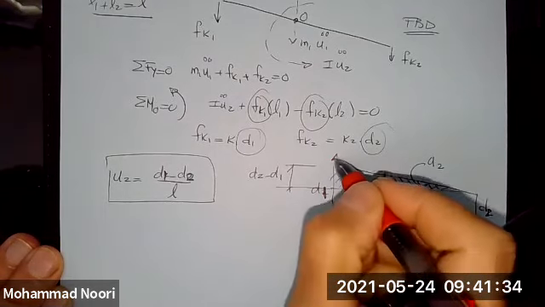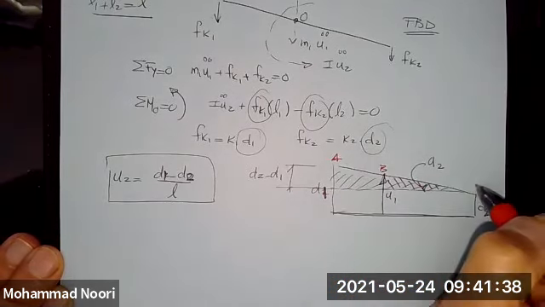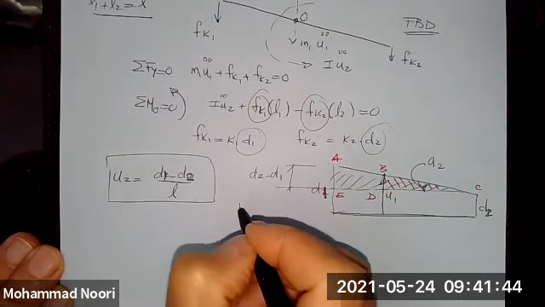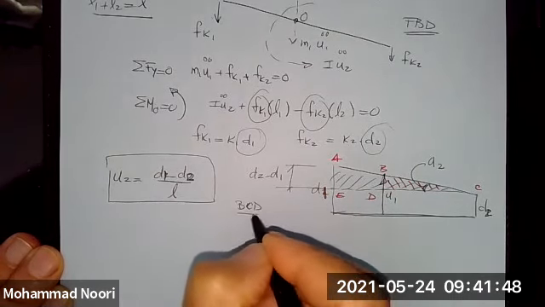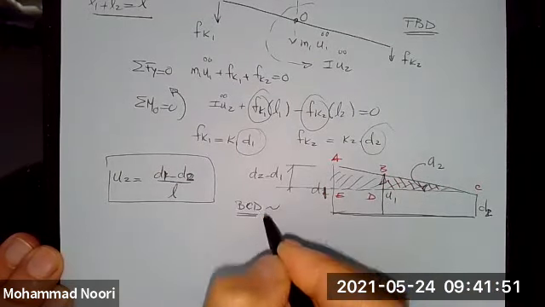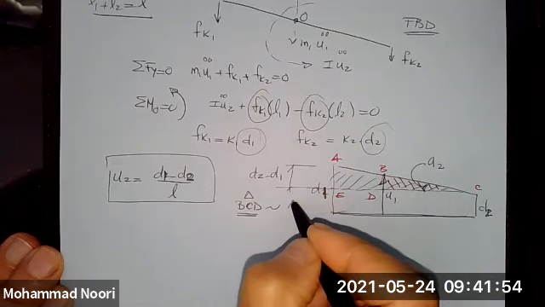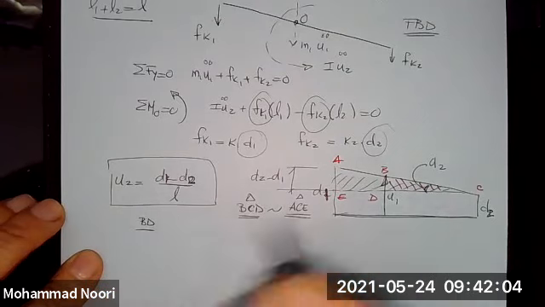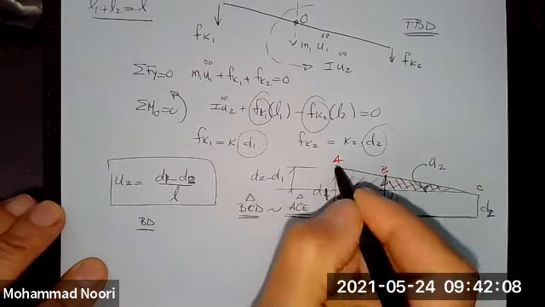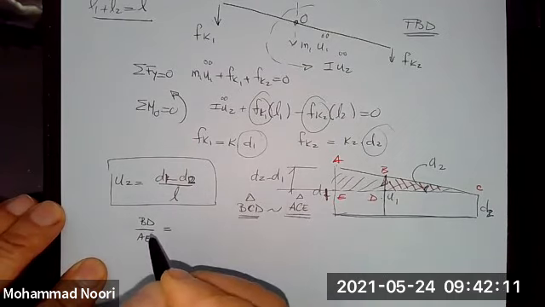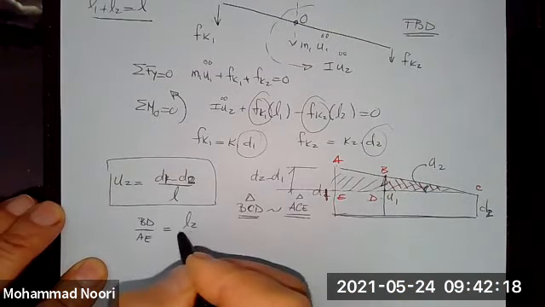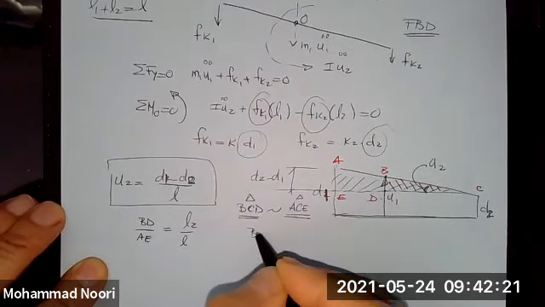Let me label these: A, B, C, D, E. So what I'm saying is that triangle B, C, D is similar to triangle A, C, E. So from the similarity of these two, I can write BD over AE is equal to L2 over L. But what is BD?